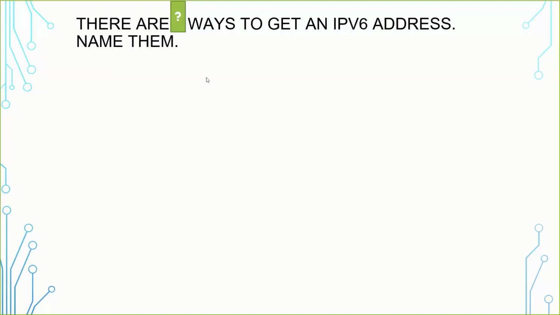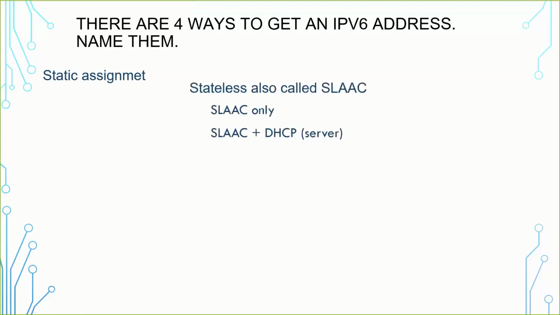Okay, so I can statically assign an address, right? The other way is I can use something called stateless or SLAAC, and there's 2 different ways of doing that. One is called SLAAC only.